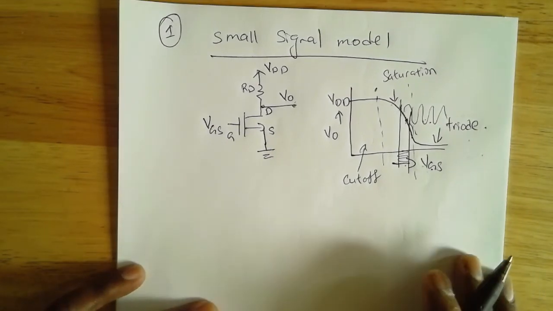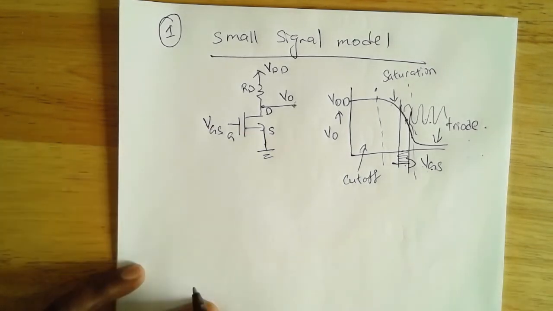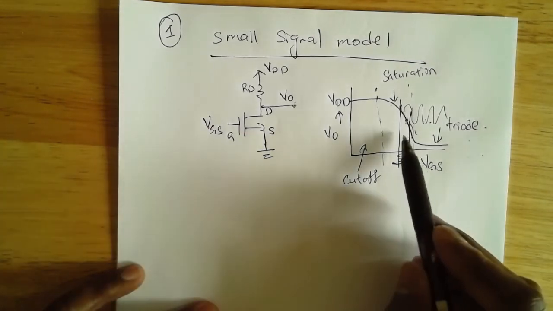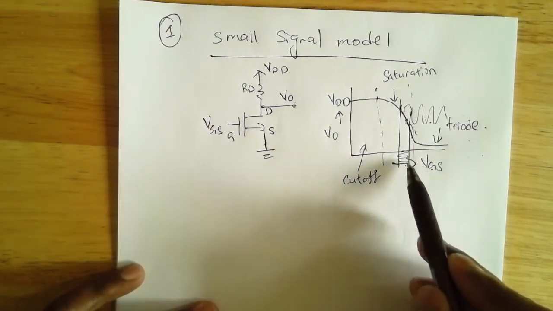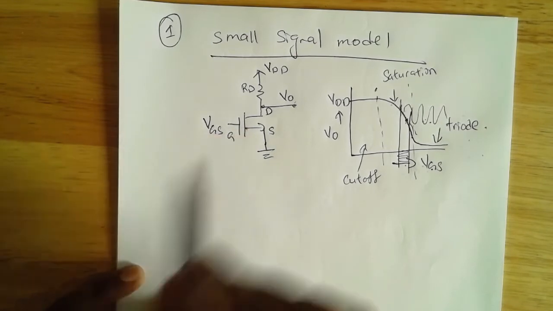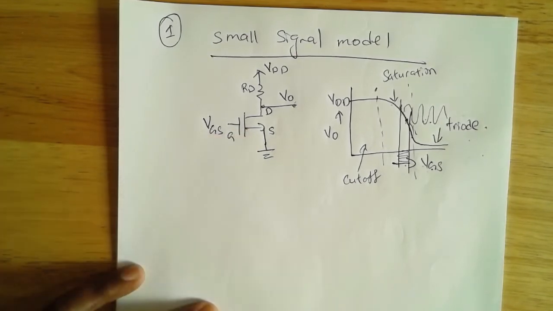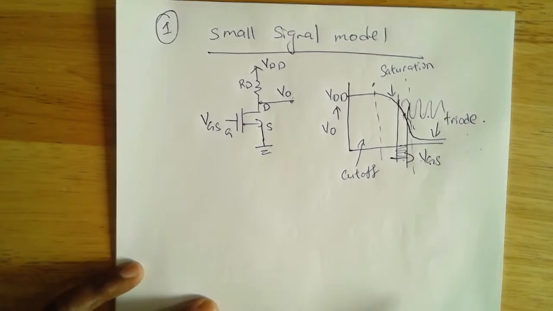All right. So now I want to try and model the behavior of the transistor when the input is changing by small amounts. Ultimately, I want to replace this with circuit elements from our Circuits 1 class. So let's do that.